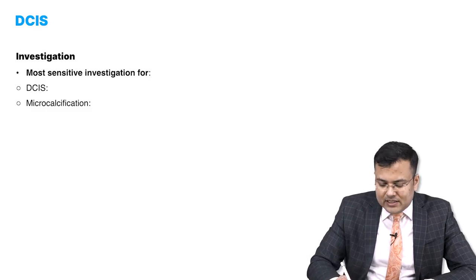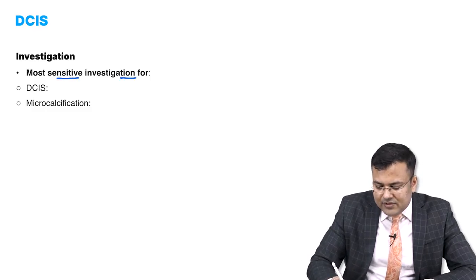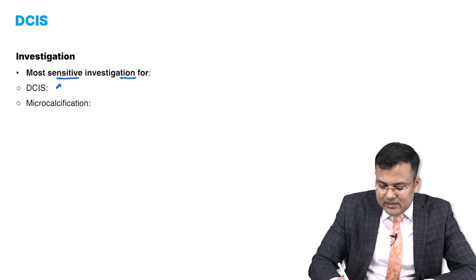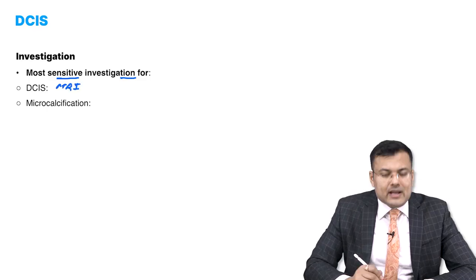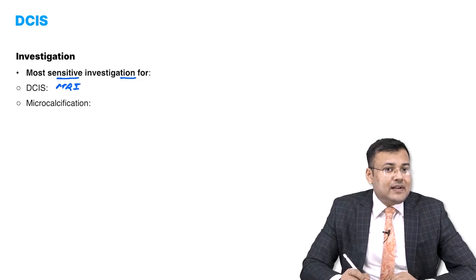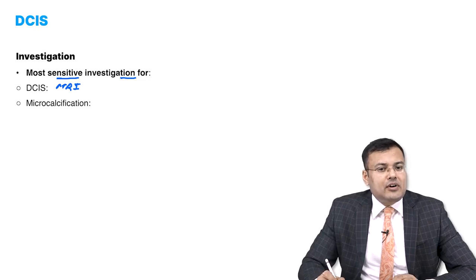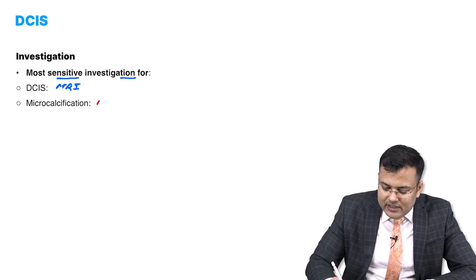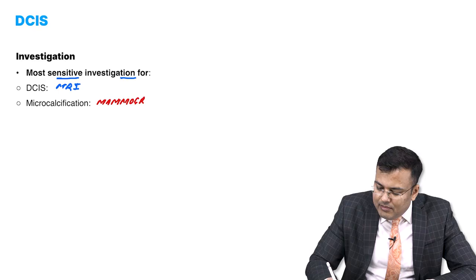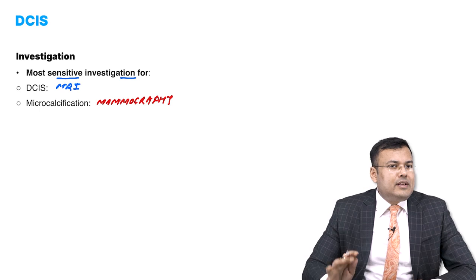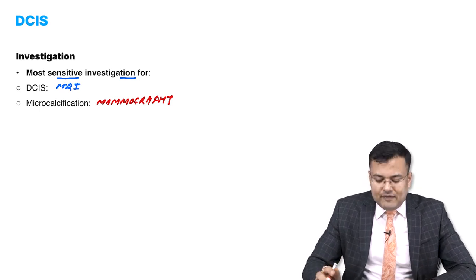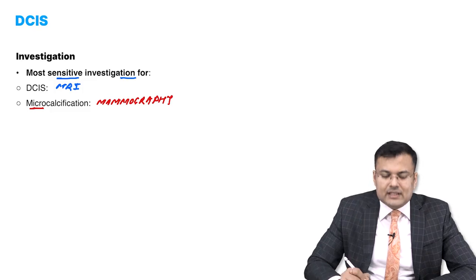If the question asks the most sensitive investigation for DCIS, then it is MRI. If the question asks the most sensitive investigation for microcalcification, then it is mammography. Clear? So what we see in DCIS on mammography, important point, is microcalcification.